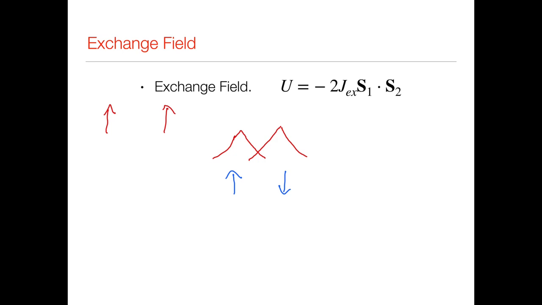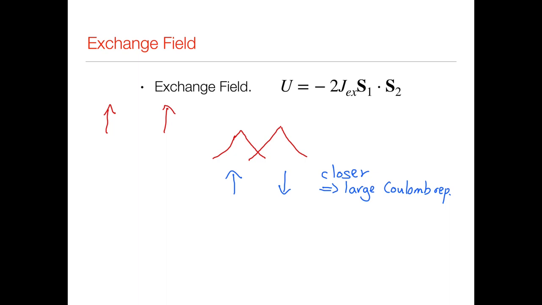So anti-parallel spin electrons can get much closer to each other, and that means a large Coulomb repulsion, because obviously electrons are charged, and the closer they are together, the greater the Coulomb repulsion.